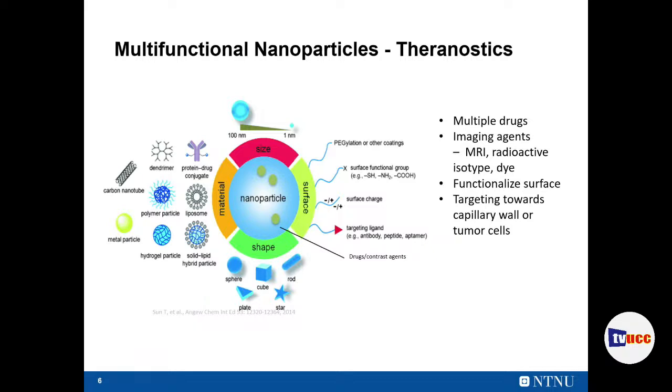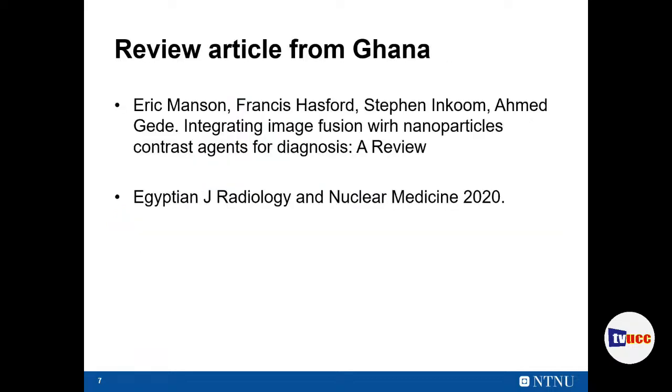During lunch today, I was sitting at the table talking to Erik, and he made me aware of this very interesting review article. I think you all should read this article. I guess perhaps all of the authors are present at this summer school.